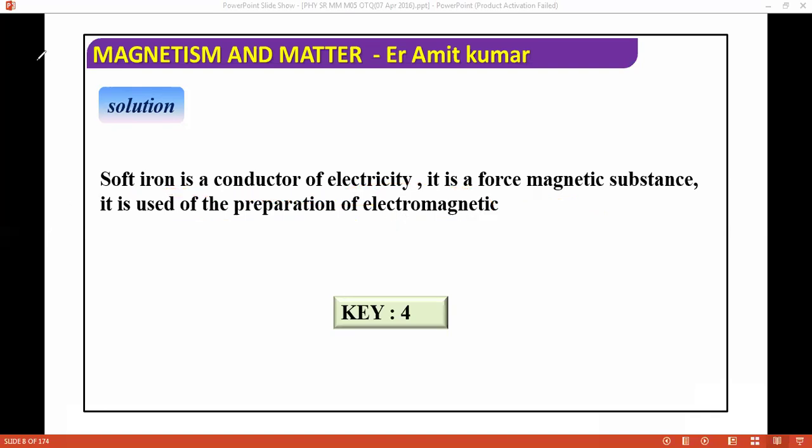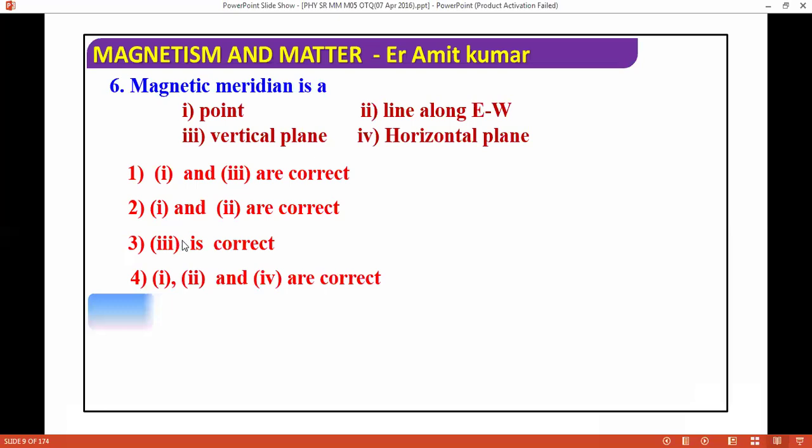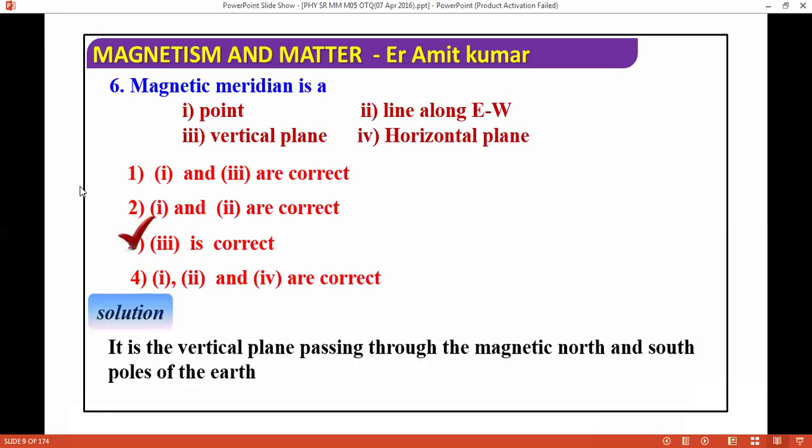Next question. Magnetic meridian is a line along the east-west vertical plane or horizontal plane. Here we have options, and the answer will be the third, that is the vertical line. It is the vertical plane passing through the magnetic north and magnetic south pole of the earth.